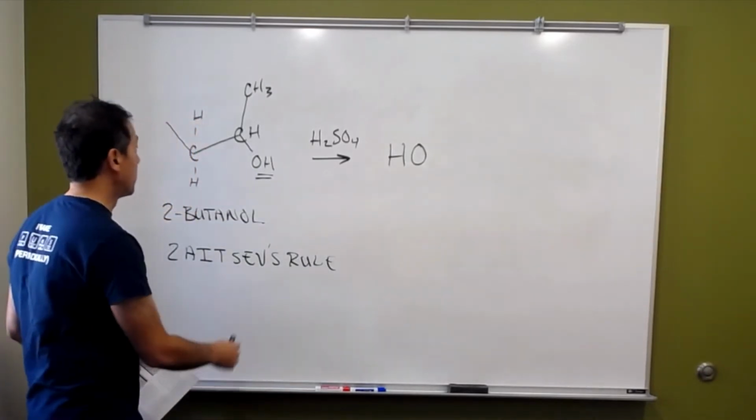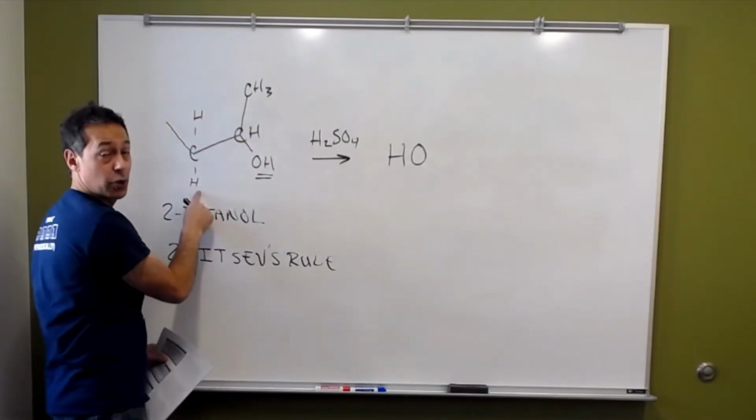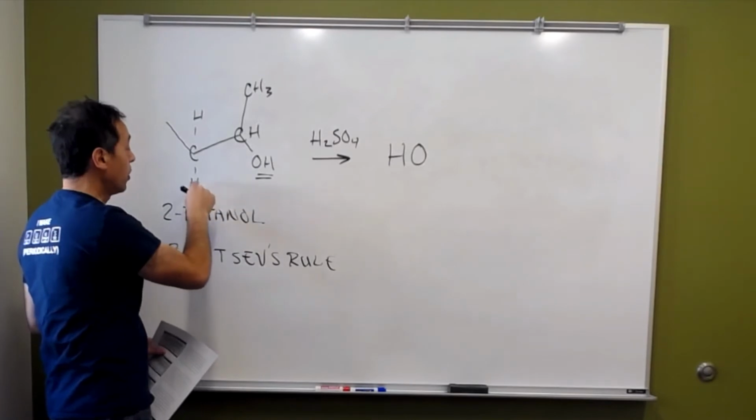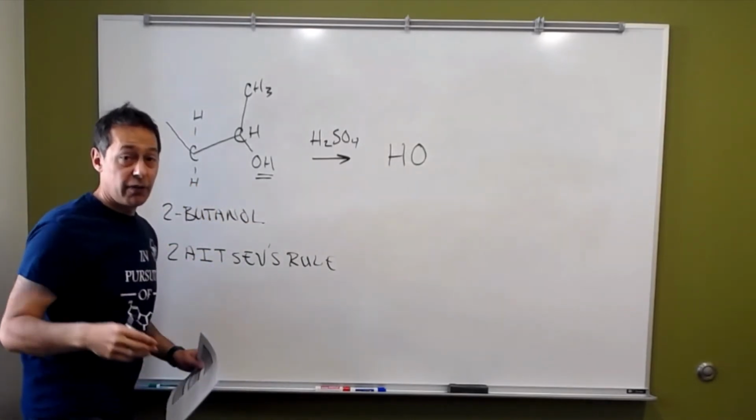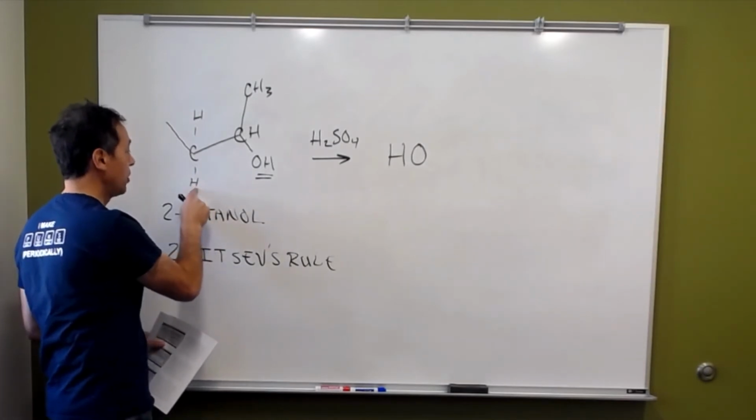So for example, this carbon atom has 3, this one has 2. And so we're going to remove hydrogens from the atom that has the fewest hydrogens here, and so it's going to be this one here.